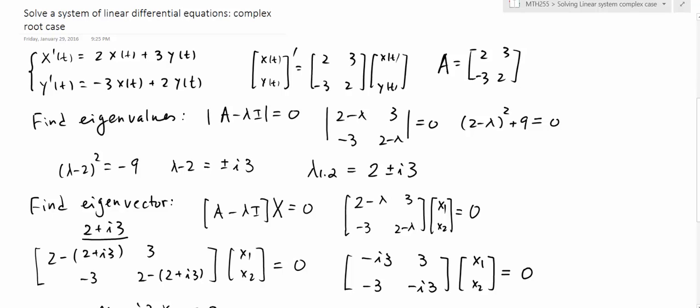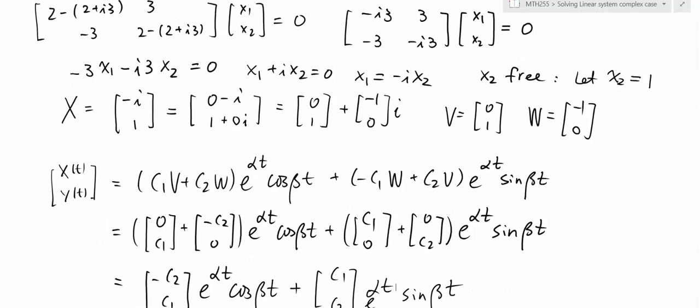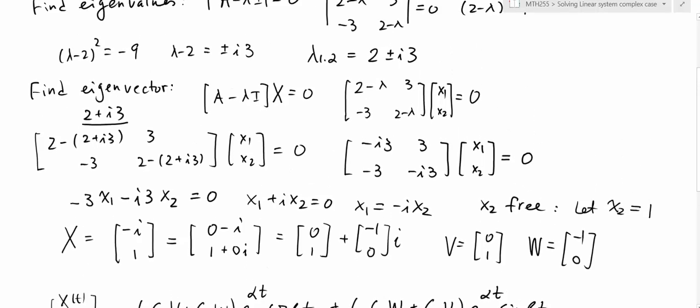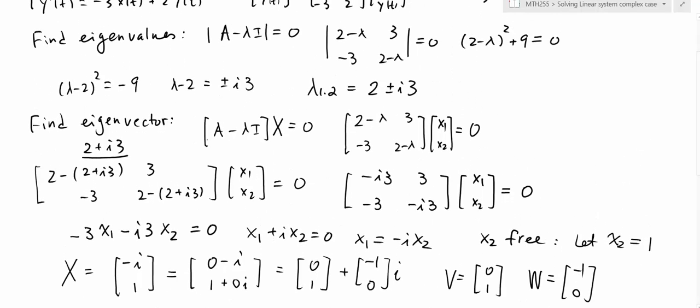We set up the equation. The equation is the same matrix again, A minus lambda I, multiplied by the eigenvector, should be equal to 0. Guaranteed, if we have found the eigenvalue correctly, we should be able to find at least one non-zero eigenvector.